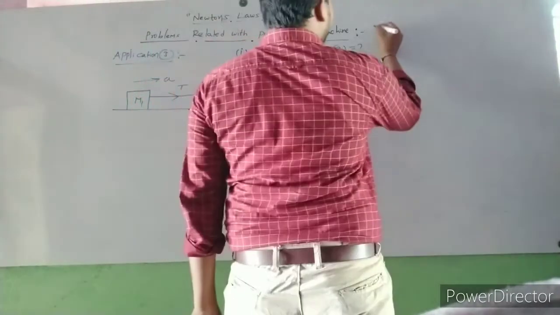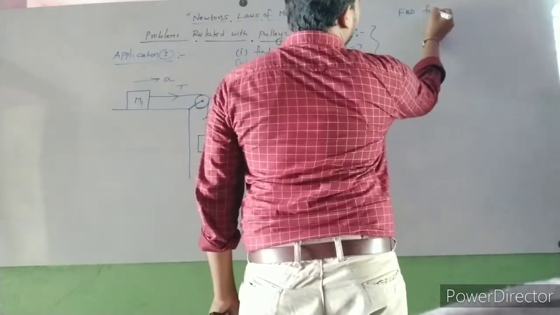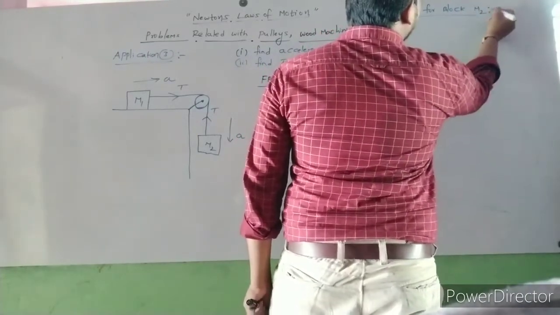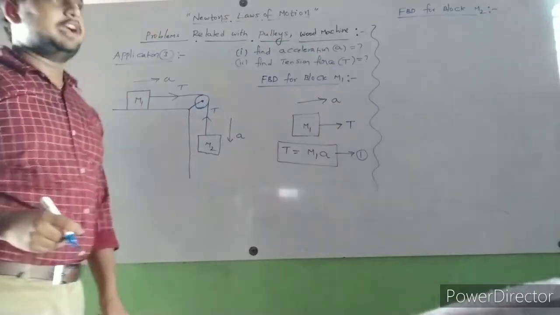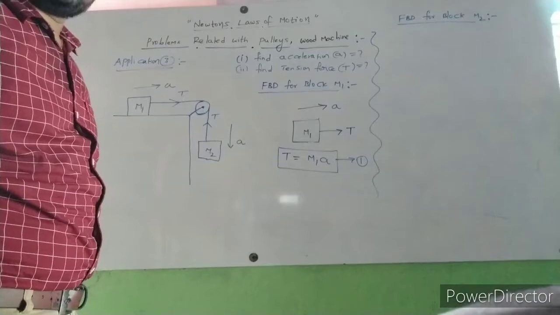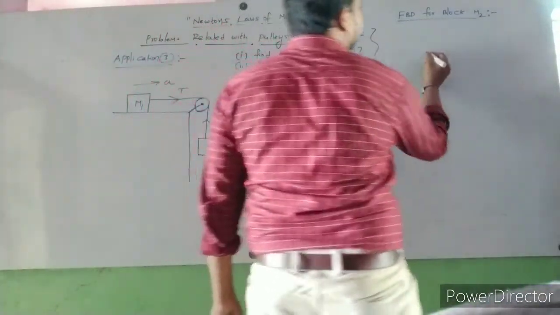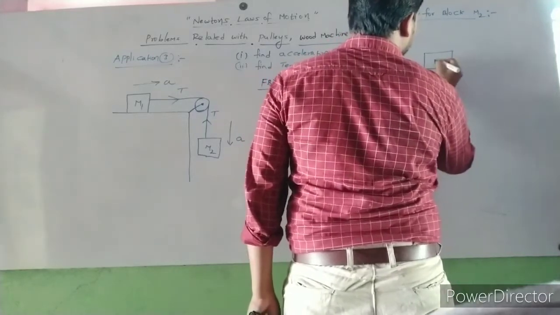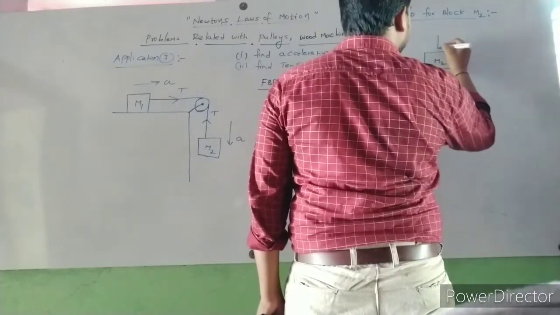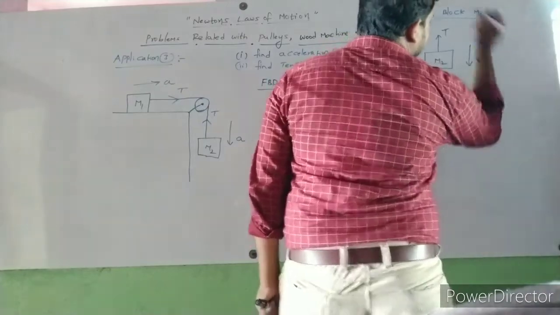Now FBD for block M2. How to apply the FBD concept for M2? So simple logic here. This is the M2 block. Here weight M2G is acting like this, tension force T is acting in this direction, and acceleration A acts in this direction.